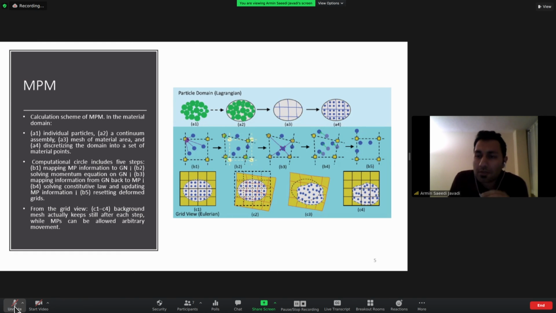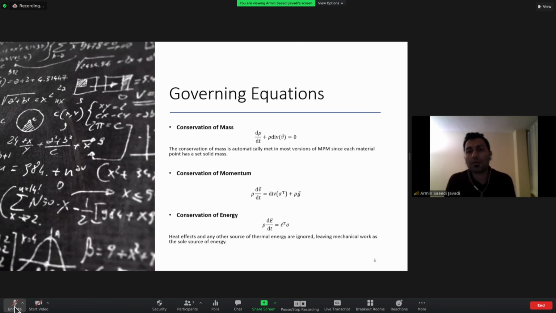It was a Lagrangian view because we traveled with our material points, but there is a view called the Eulerian view. As you can see, we have a background mesh which actually keeps still after each step. So this is the Eulerian view. So what are our governing equations for this method?